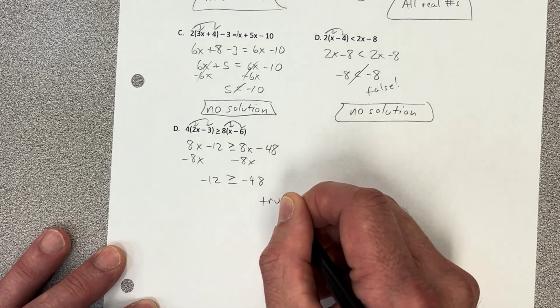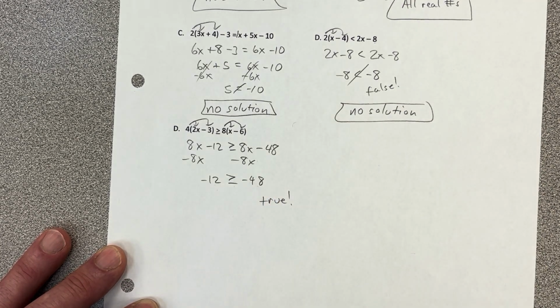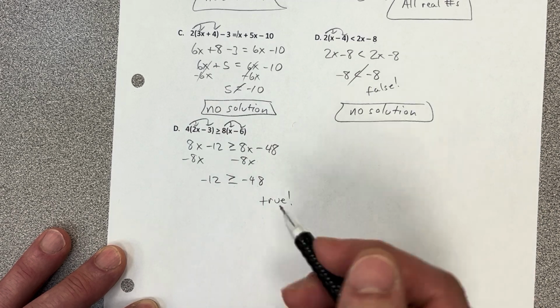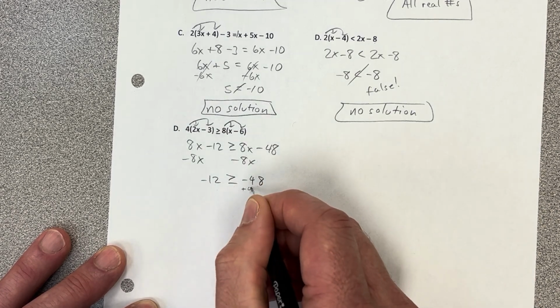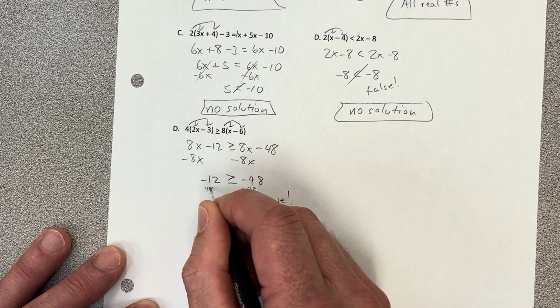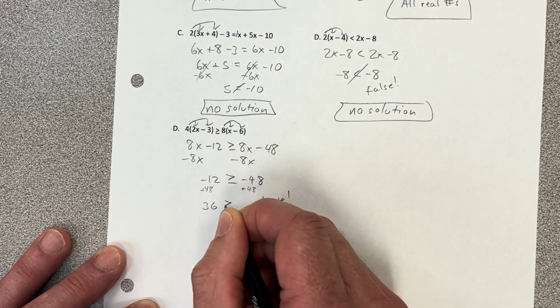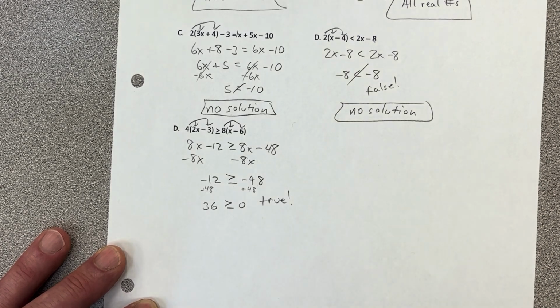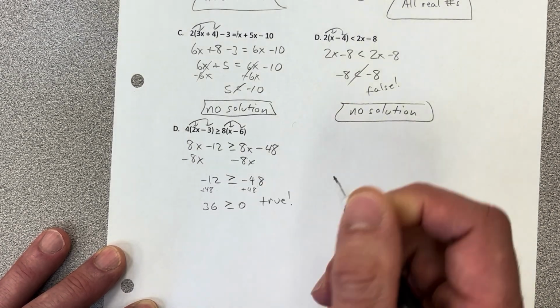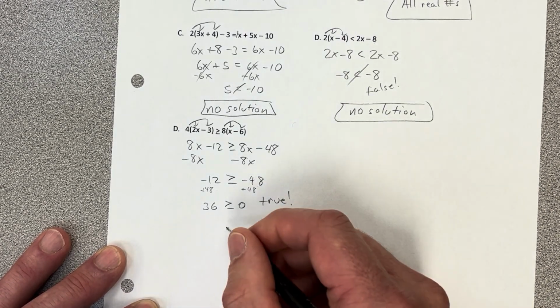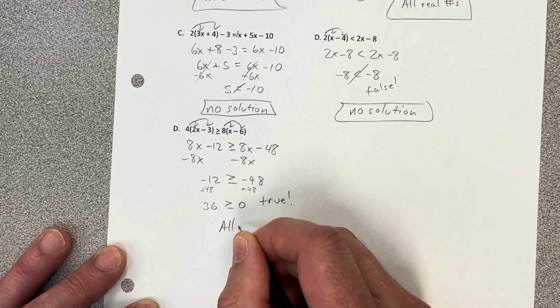Now, if you really are like, man, I don't know about that, and it helps you to have positive numbers, add the 48 over. Keep it balanced. Add 48 here. And you'll get 36 is greater than or equal to 0. I don't think there's much argument about that. That is definitely true. So we say all real numbers.